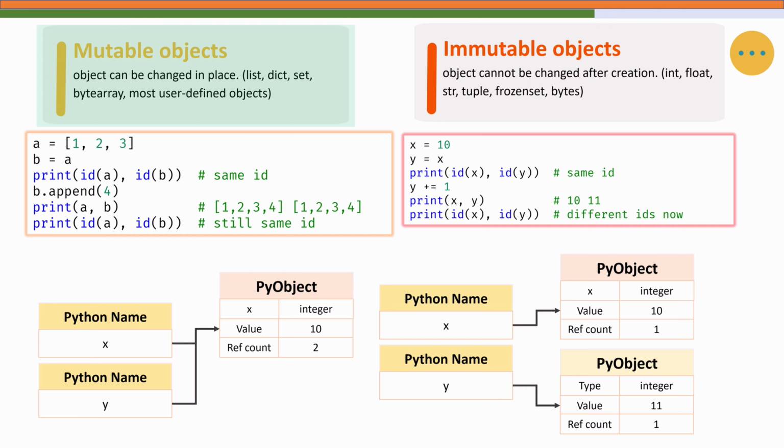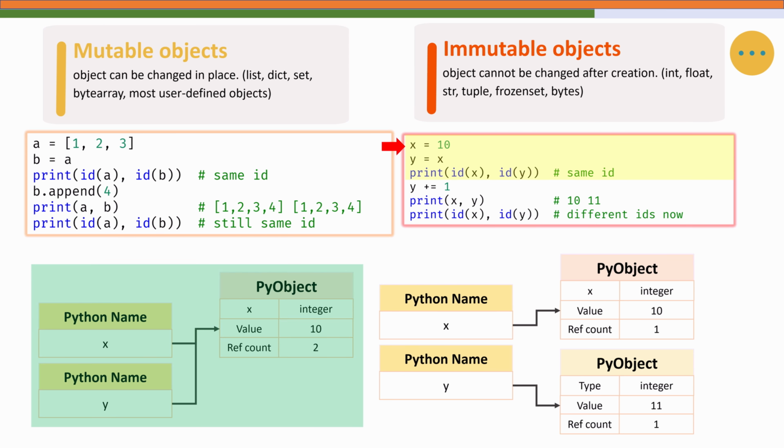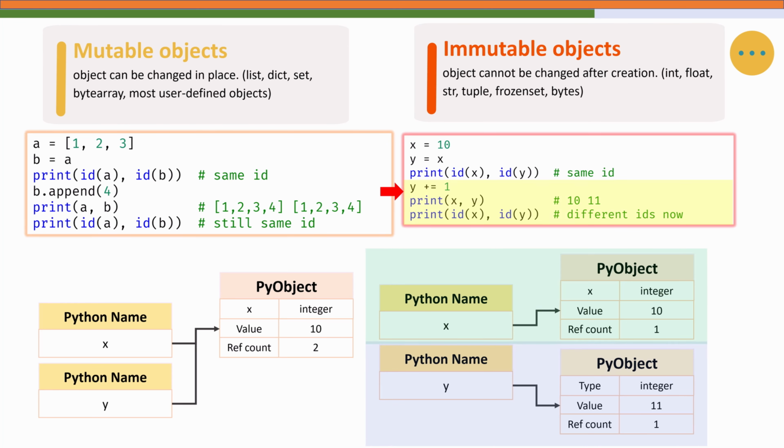So here are some simple examples considering integers and lists. Code block 1 deals with an immutable type like int. x and y initially point to the same integer object with value 10. x plus equals 1 creates a new integer object with value 11 and rebinds x to it.